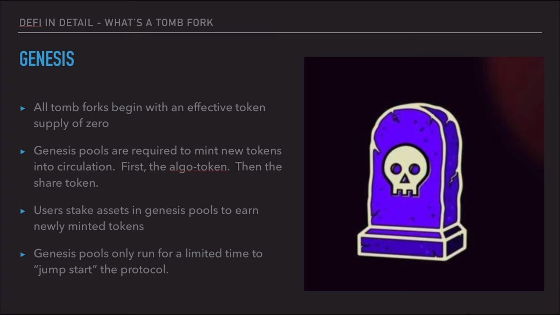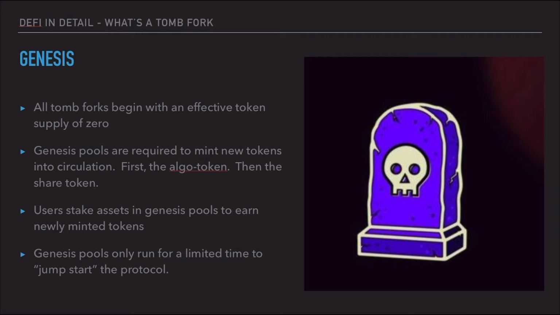So Genesis. All of these tomb forks begin with an effective token supply of 0. That means there is not just a pot of these tokens sitting out there for you to go scoop some out of. Genesis pools are required to mint these new tokens into circulation. So basically, users are going to stake a separate asset into a Genesis pool in order to earn newly minted algo tokens.